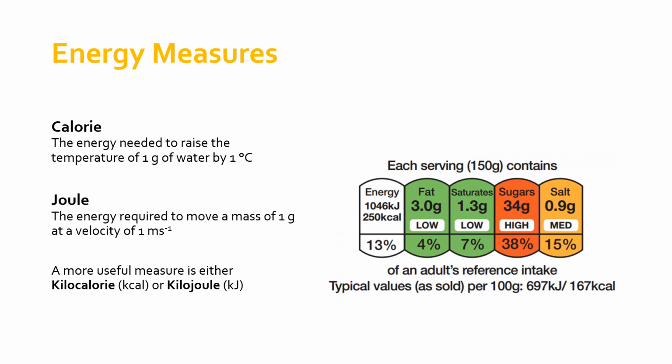We've just mentioned what reference intake is all about. So 13% of an adult's reference intake of energy is in this food. And that can be measured, as we've said, in joules or calories, and as you can see here, specifically kilojoules and kilocalories. So it's 250 kilocalories, and as I've already mentioned, we'd just refer to that as 250 calories.